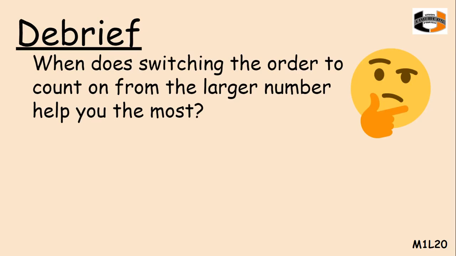What if that first add-in is really, really big and the second add-in is very small? It would help to count on from the larger number because if you were to switch them, you would be counting on for a long time to get that total. So you want your bigger number first and your smaller number second.